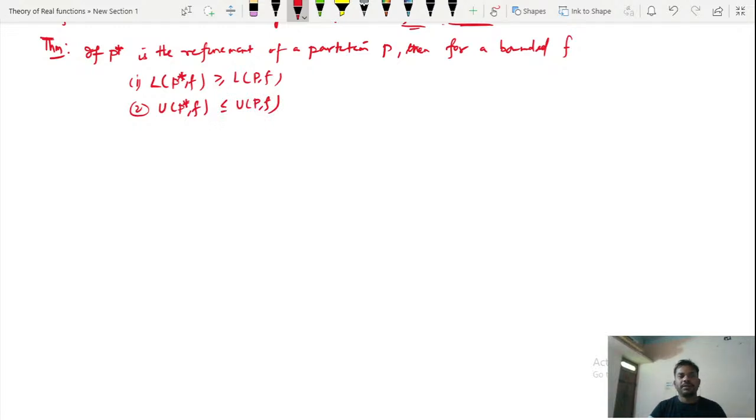That means if P star is the refinement of P, then L(P star) is greater than or equal to L(P), and U(P star) is less than or equal to U(P).